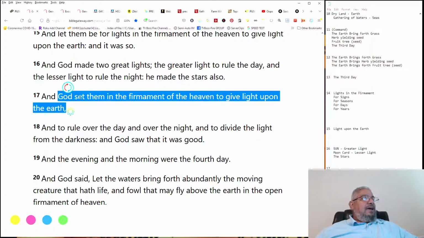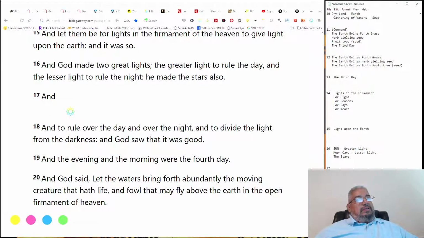And depending on how we make the game mechanic, maybe I'll need the whole thing here. We'll see. So I'm going to copy that whole thing. The game mechanic will determine really if I put the whole title there or a shorter title. You know, we can have the short title, God set them. Podemos tener el título breve, si Dios lo puso, o Dios lo puso en el firmamento, o todo que Dios le puso en el firmamento de los cielos para dar luz sobre la tierra.